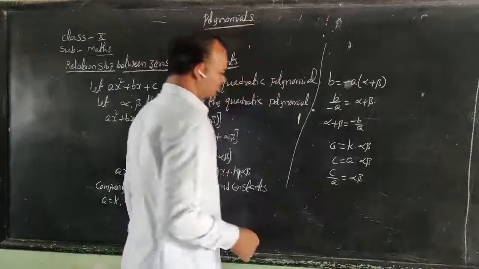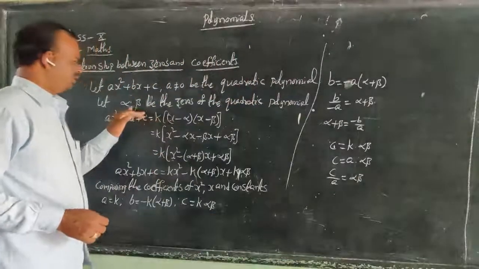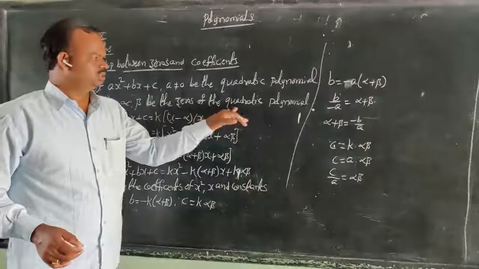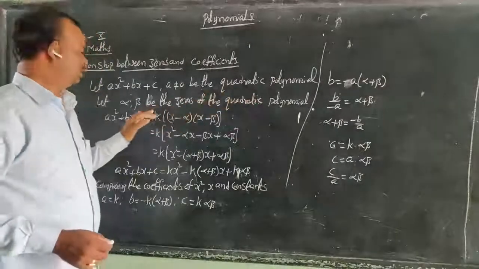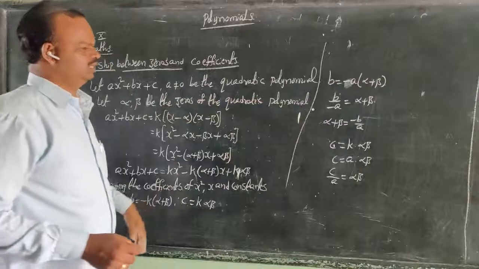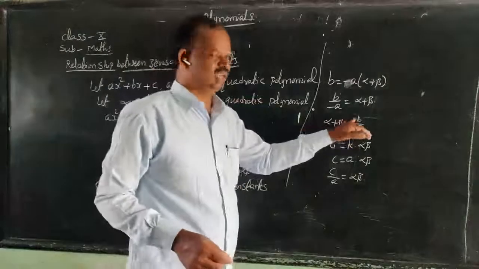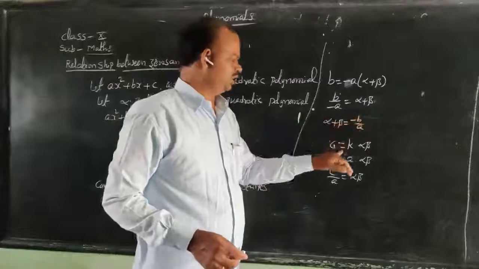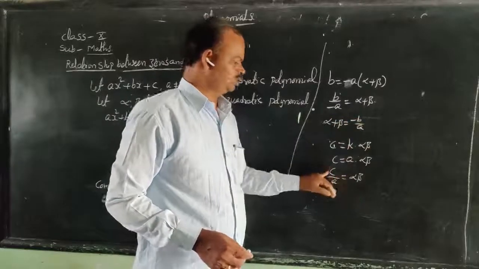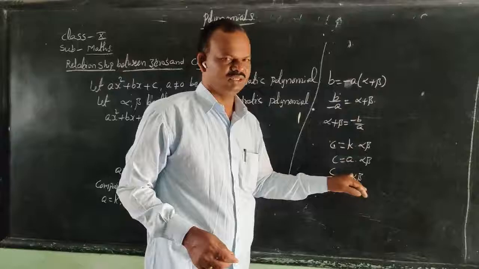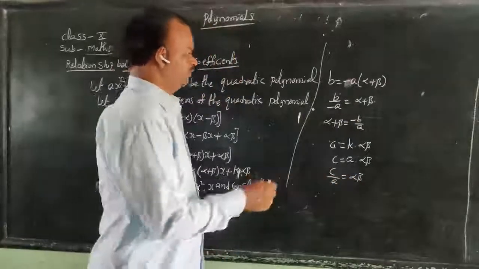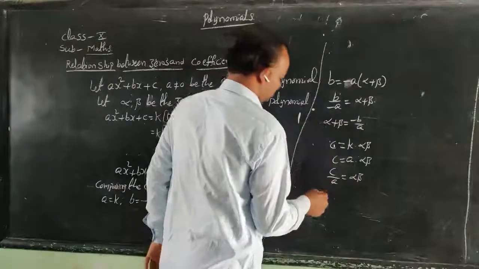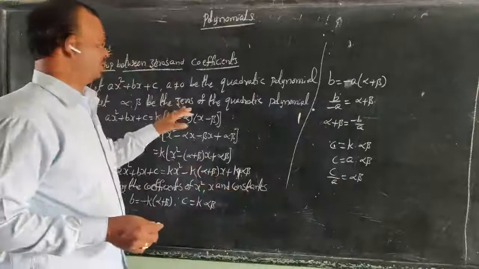Therefore, alpha comma beta are the zeros of the quadratic polynomial. That means alpha plus beta is equal to minus b by a, and alpha beta is equal to c by a. Alpha plus beta means the sum of the zeros. Here alpha comma beta are the zeros.